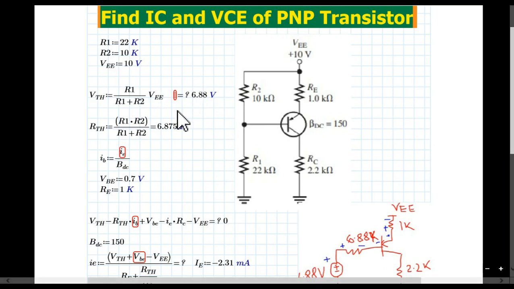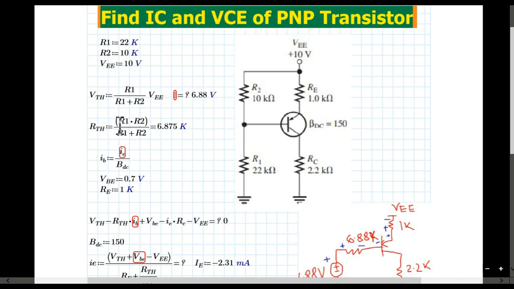You can solve, right? Now let us find the value of RTH. If current flows from VEE, it goes to R2, then the base of this transistor, then R1. So both resistances R2 and R1 are in parallel.